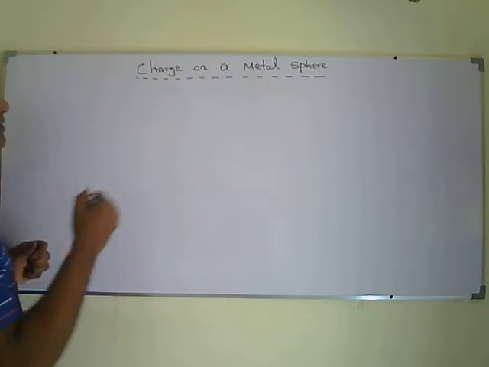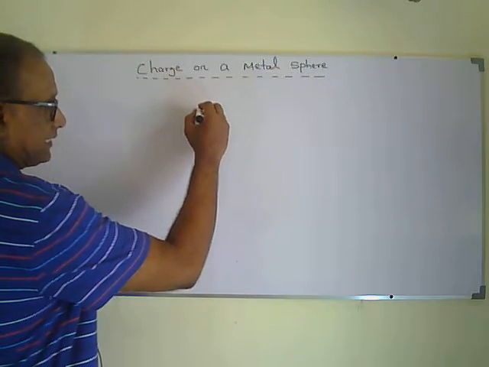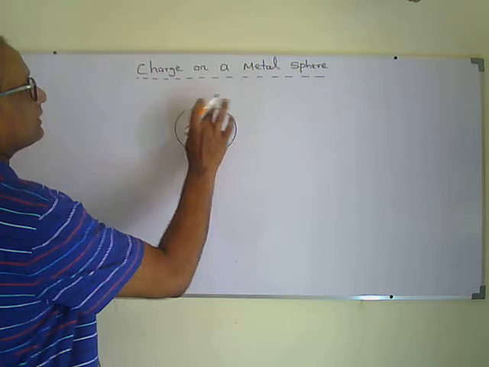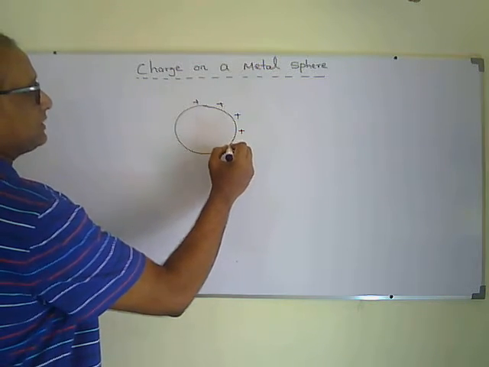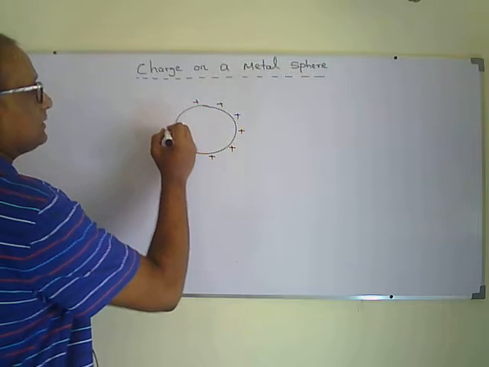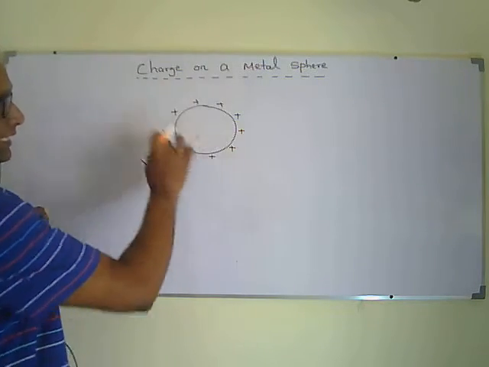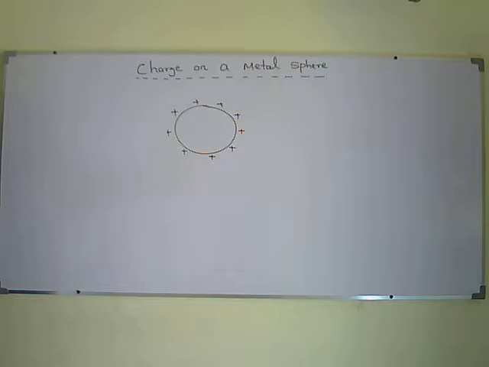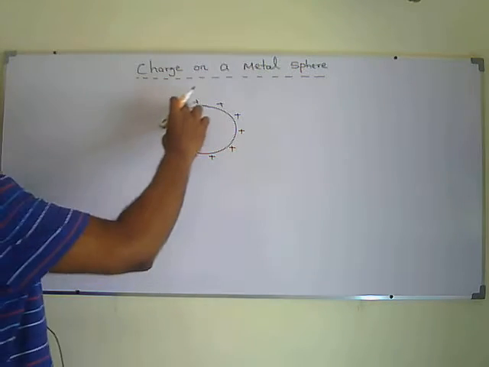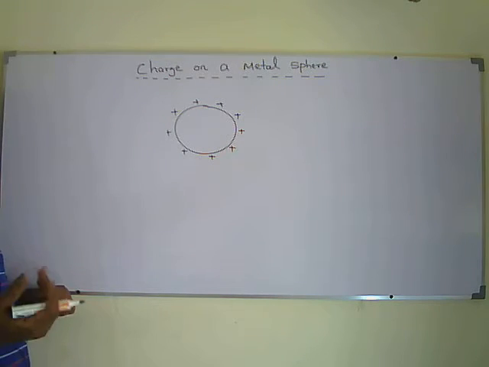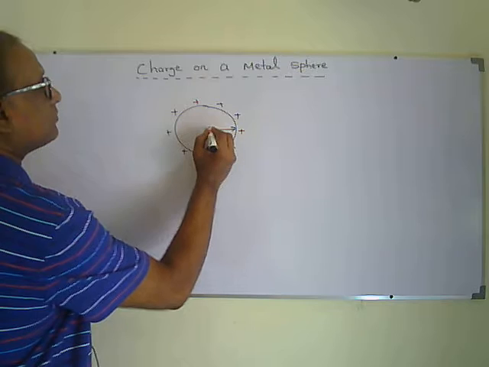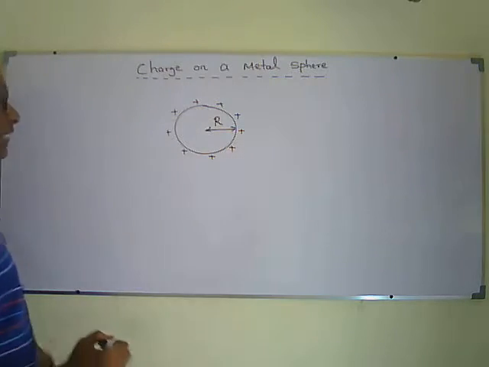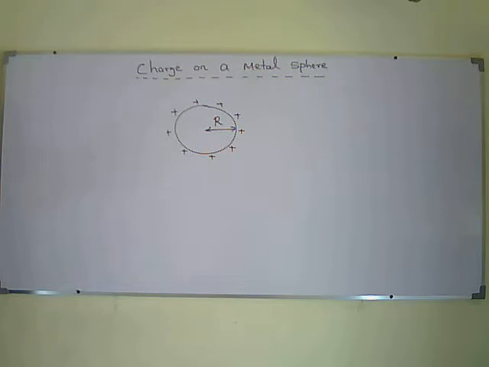So if a metal sphere is charged, say it's charged positive, it carries positive charges, and the charges will be uniformly distributed on its surface, because it's a sphere with a uniform surface. Let the radius of the sphere be capital R.